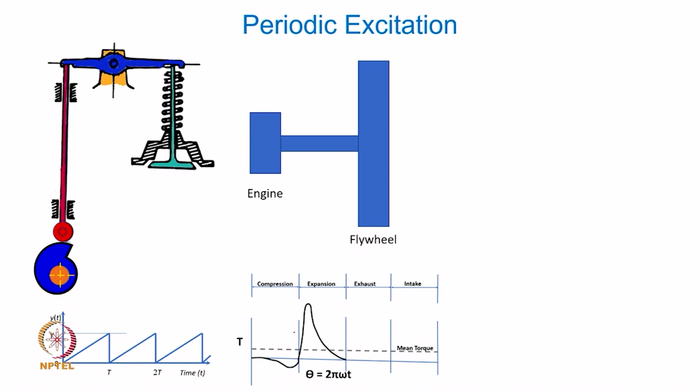During the expansion stroke, there is a huge increase in the torque generated on the crankshaft, and comparatively in the rest of the strokes there is hardly much generation. Now, is this a harmonically varying torque? No way, is it?